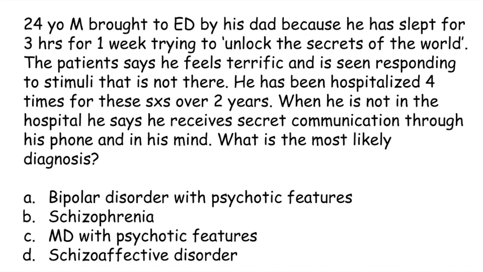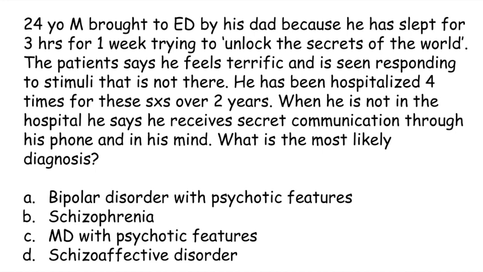He has been hospitalized 4 times for these symptoms over the past 2 years. When he is not in the hospital, he says he receives secret communication through his phone and in his mind. What is the most likely diagnosis?